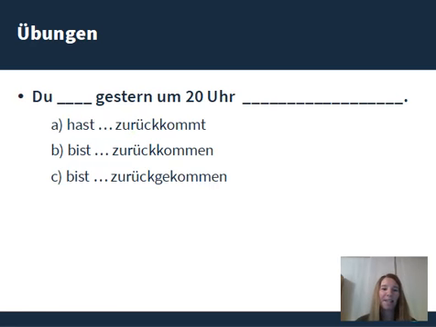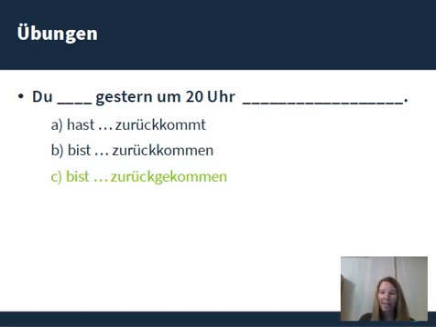Du hast gestern um 20 Uhr zurückkommt. Du bist gestern um 20 Uhr zurückkommen. Oder C. Du bist gestern um 20 Uhr zurückgekommen. Und die richtige Antwort ist C. Du bist gestern um 20 Uhr zurückgekommen.